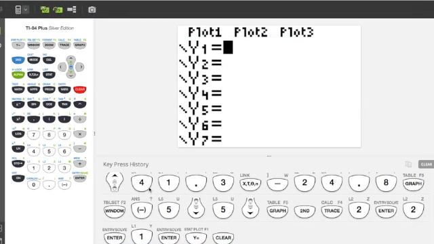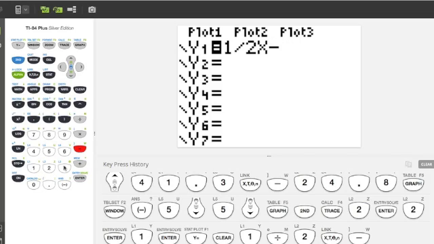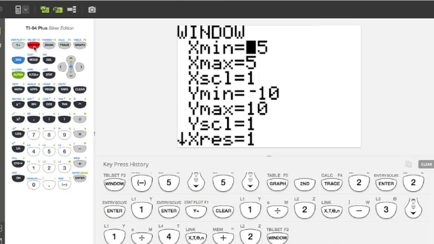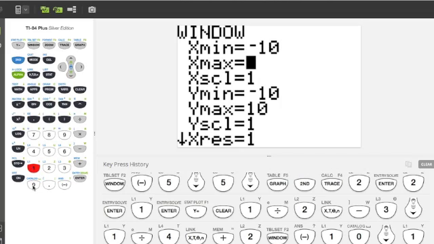So the left side of our inequality is 1/2 x minus 3, and the right side is 1/4 x plus 2. For the window, let's do the standard negative 10 to 10 and see what happens.